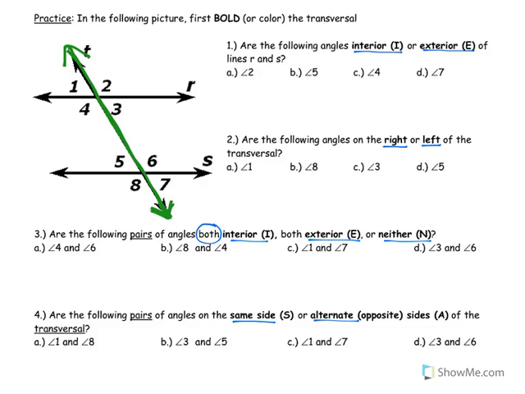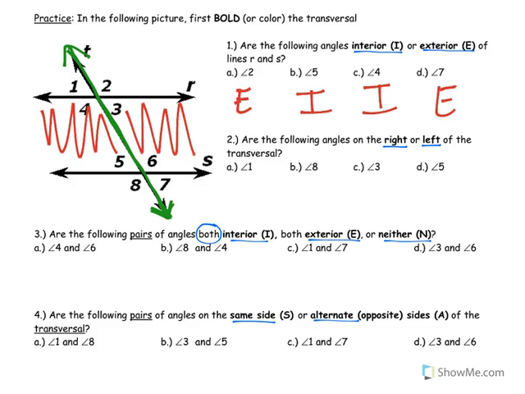You should have had that angle 2 was exterior, angle 5 was interior, angle 4 was interior, and angle 7 was exterior. It helps for me to identify the interior by shading in those between the 2 lines, and that way I can see easily that those 4 angles in the red are interior, and the 4 angles that aren't shaded are on the exterior.